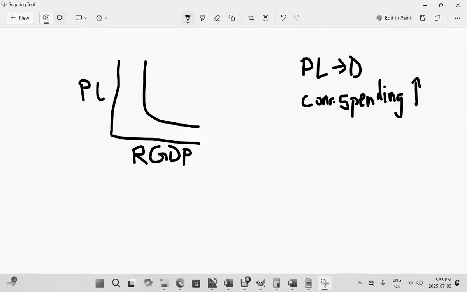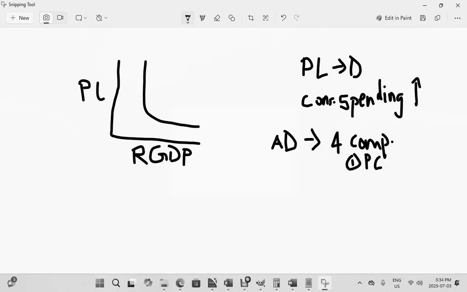Now, relevant to your aggregate demand curve, aggregate demand is made up of four components, just like your real GDP. The first has to do with personal consumption, which is consumer spending, what the residents of the country spend.